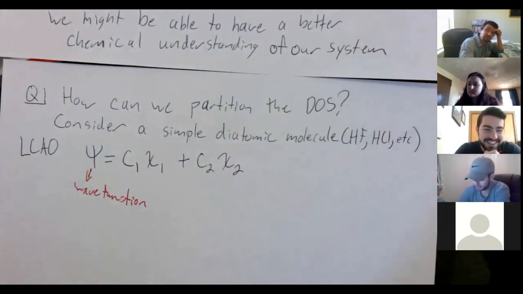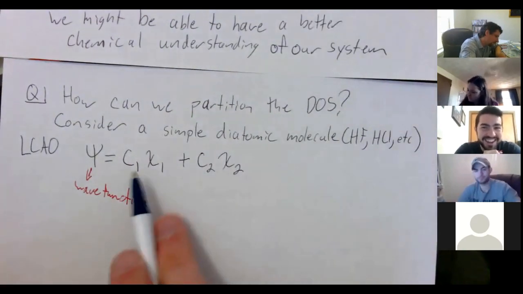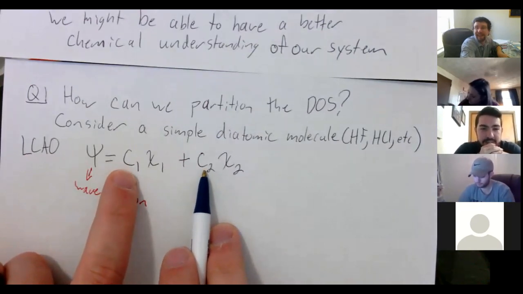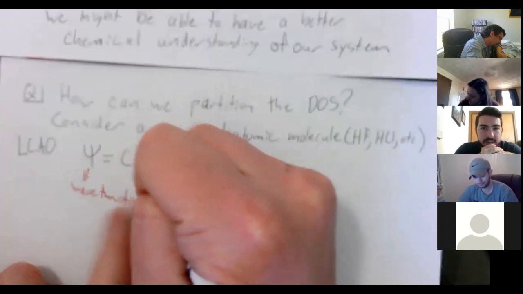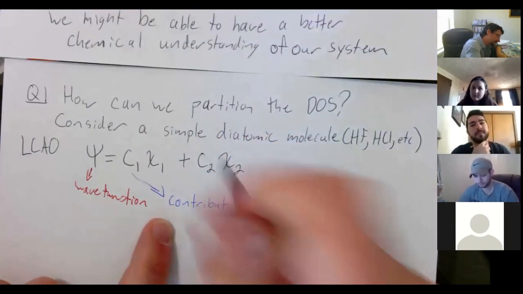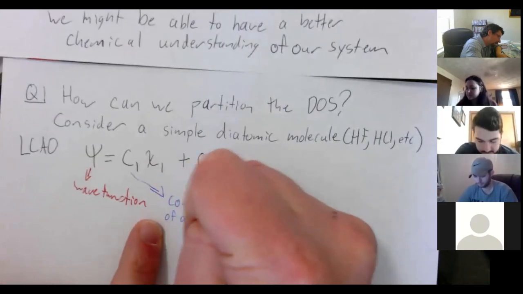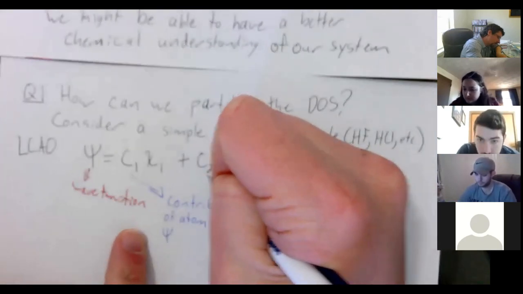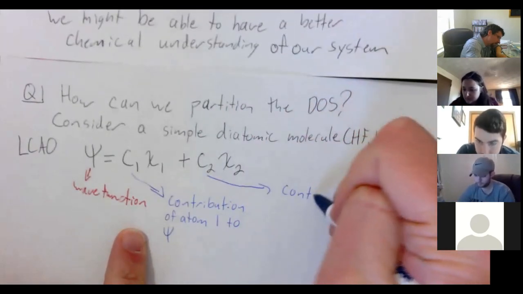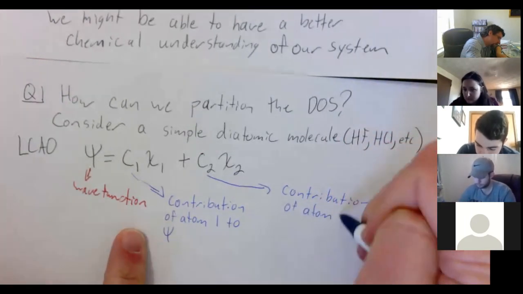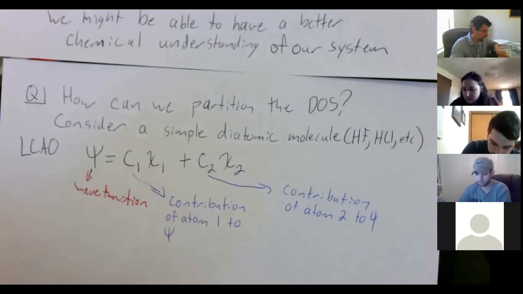The C's are constants. This one is the contribution of atom 1 to psi, and this one is the contribution of atom 2 to psi.